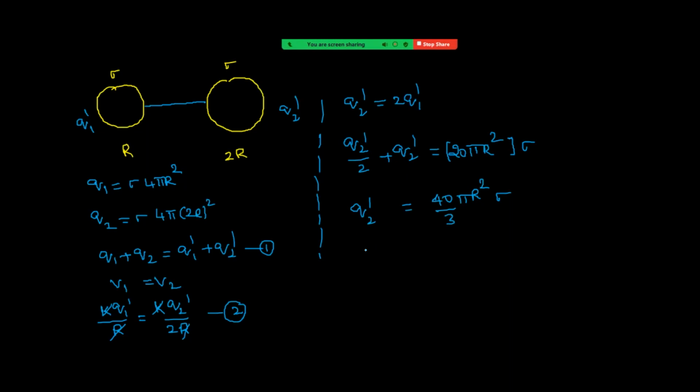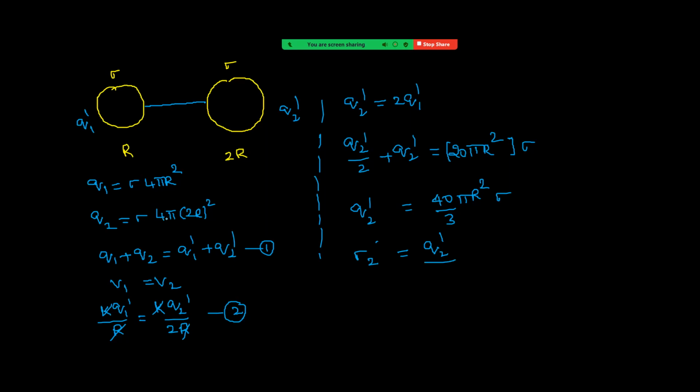And we want the surface charge density for the bigger one. So I take it as sigma 2, for the bigger one. Sigma 2 is equal to Q2 dash upon its area.